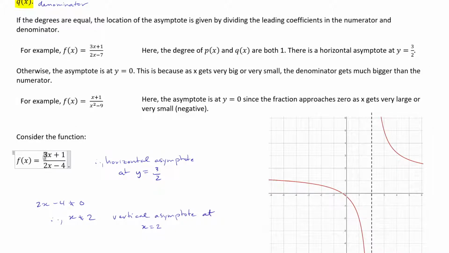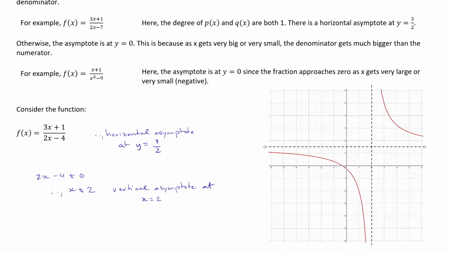The leading coefficient is 3 divided by 2, so I have a horizontal asymptote at y equals 3 over 2. And so I'm going to include that right now. Okay, so I've included my horizontal asymptote here at y is equal to 3 over 2. I have my vertical asymptote right here, x is equal to 2, and so I'm able to graph this function.